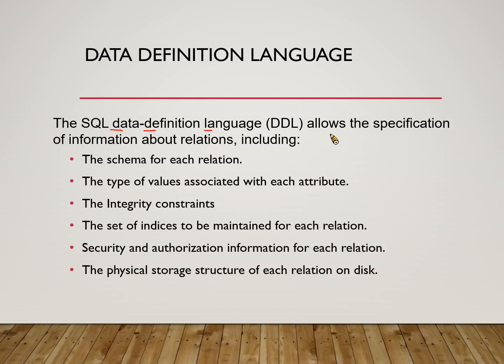This language allows the specification of information about relations, including the schema of each relation, the type of values associated with each attribute, the integrity constraints, the set of indices to be maintained for each relation, security and authorization information for each relation, and the physical storage structure of each relation on disk.